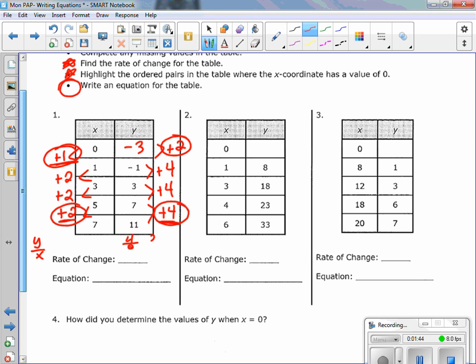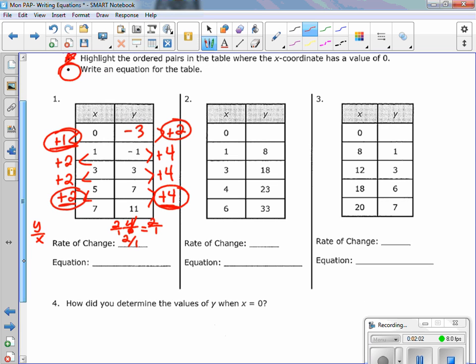Those are the two values that differ. But 4 over 2 simplifies to 2 over 1, which are equivalent ratios, which is what we talked about last week. So our rate of change is 2 to 1. So y changed 2 for every time x changed 1.